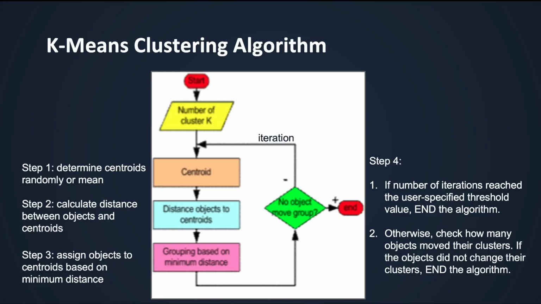First, if the number of iterations reaches a particular threshold value, then we end the algorithm. Otherwise, we check if the objects within the clusters have moved or not. If the objects within the clusters did not change between two iterations, then we assume that we have reached good clusters and we end the algorithm.